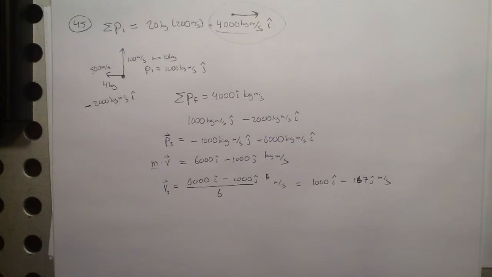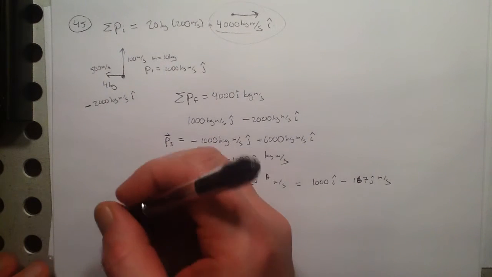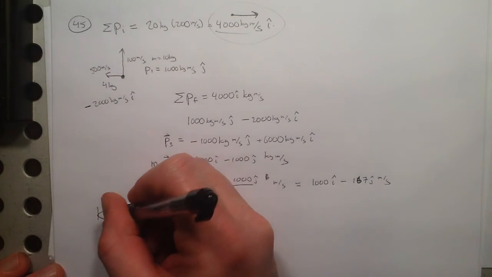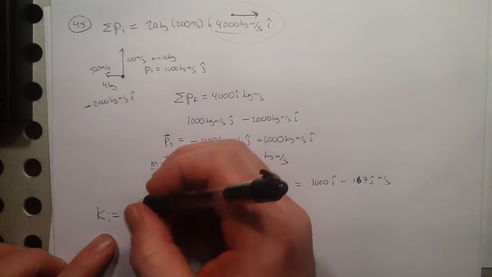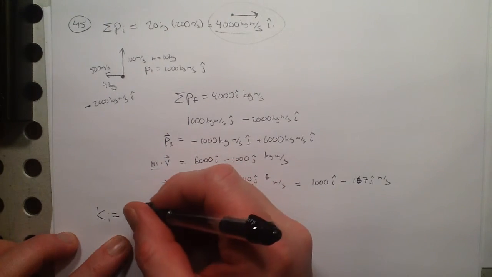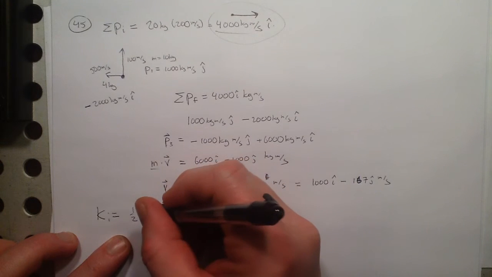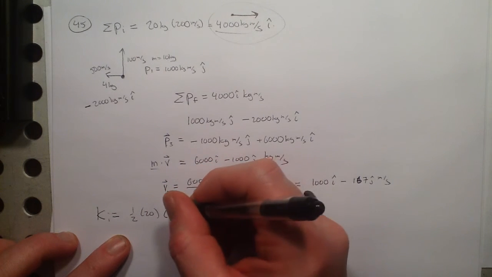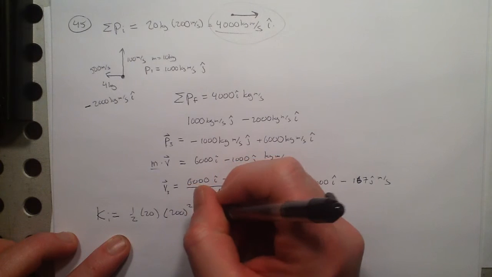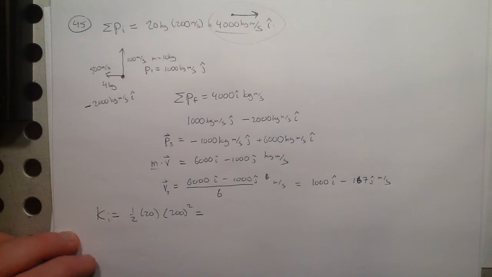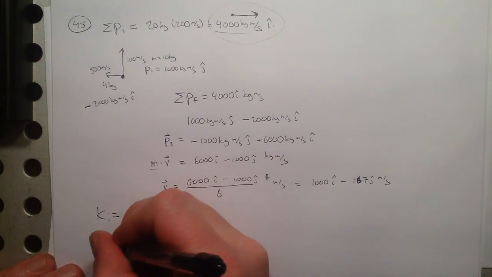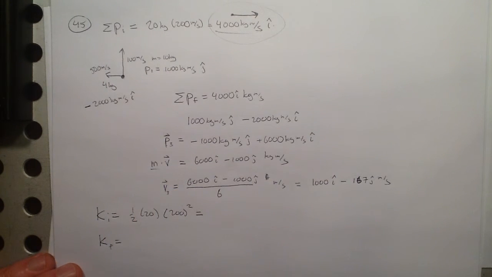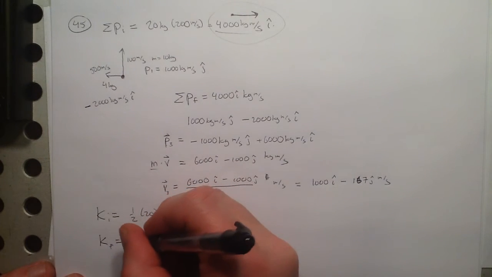And they want to know now how much energy is released in the explosion. So in other words, how much energy is lost. So initial kinetic energy is 1/2 mass times velocity squared. I'm going to do all this with my calculator in a minute. And then the final kinetic energy is the sum of the kinetic energies of all the pieces.